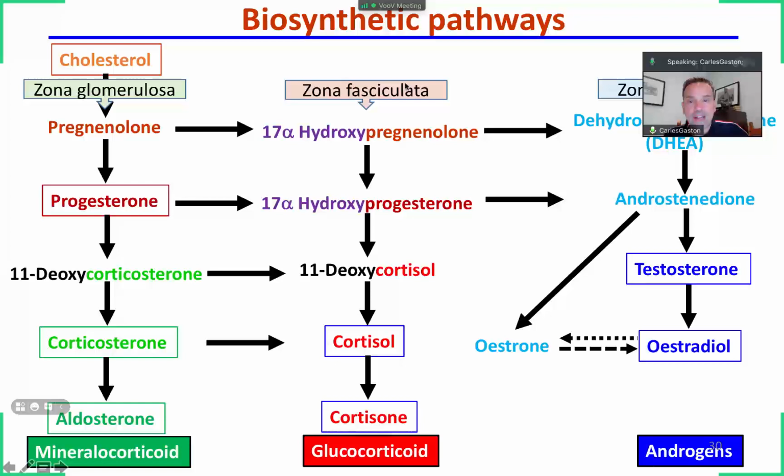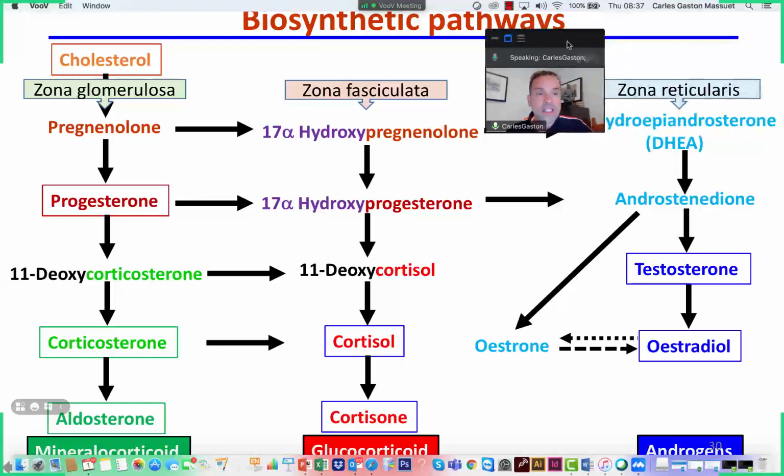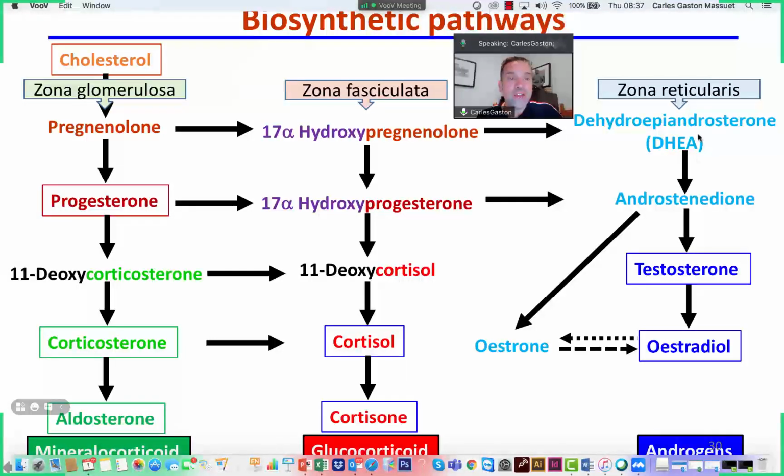The zona fasciculata has certain enzymes, like 17-hydroxypregnenolone, and this will convert pregnenolone into the next product, which is dehydroepiandrosterone.